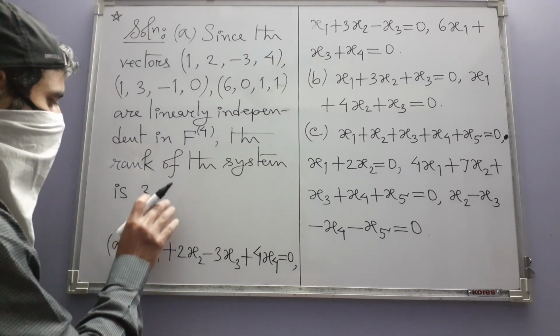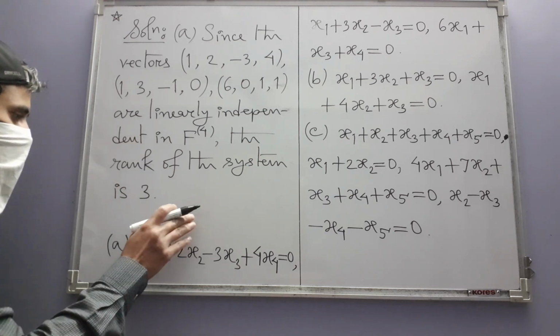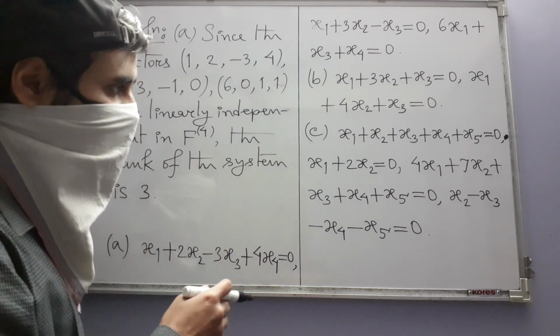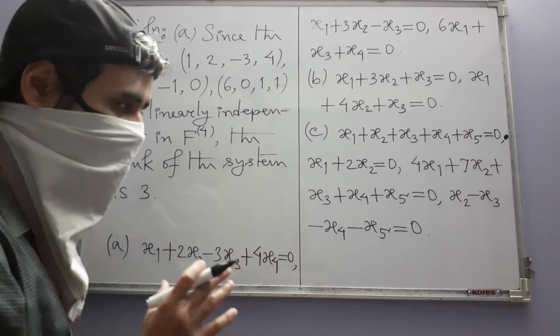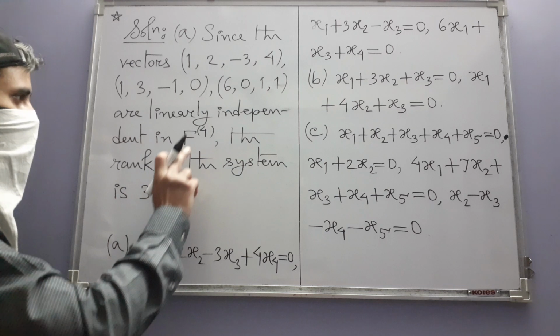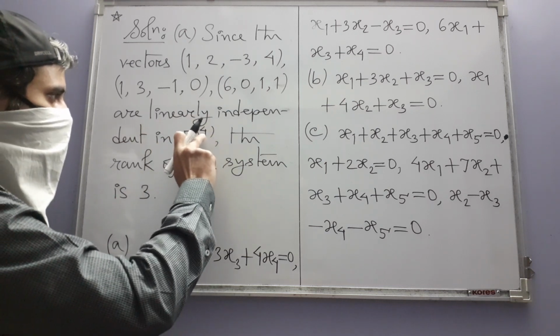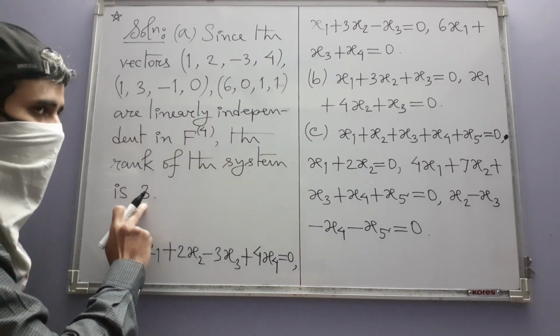And we know that when the rank is 3, then the number of linearly independent solutions, or in other words, the dimension of the solution space would be the dimension of the entire space, that is 4 minus 3.